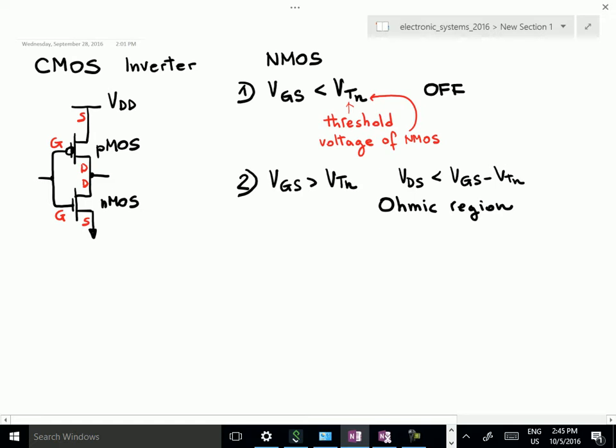Actually, the approximate expression of the drain current in the ohmic region is equal to a constant, which is a function of device materials and geometry, times VGS minus VTN. This quantity is called overdrive, the excess voltage on the gate with respect to the threshold voltage, times VDS minus VDS squared over 2.